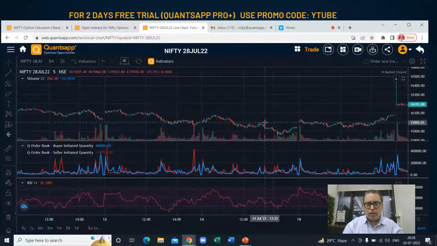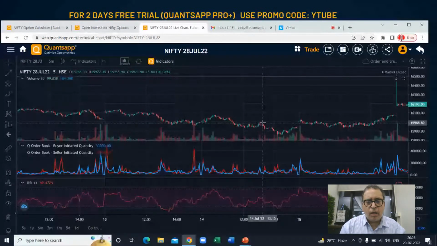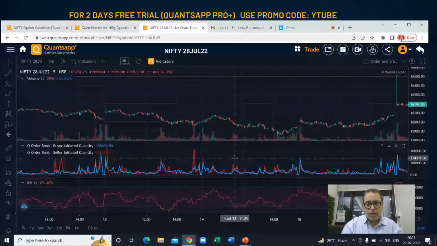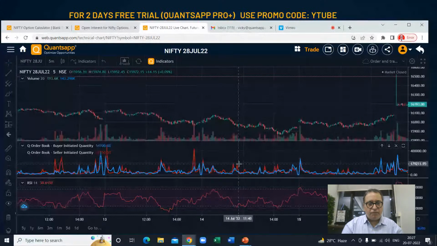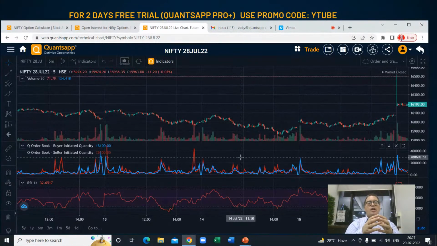What we are seeing is that the price move is on the lower side. Before that, we could have seen that there is an immense amount of sell pressure coming in from the seller initiated quantity, the red line here on the lower side, which is the order flow data.